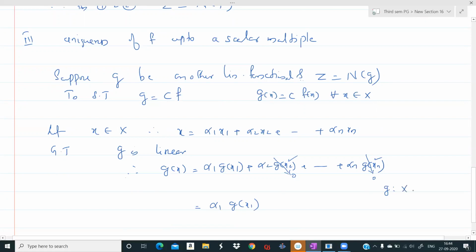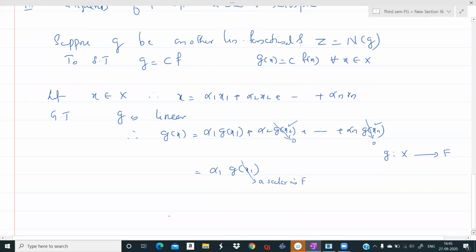G is a linear functional, so it is a function from X to F. Therefore, this gx1 is a scalar in capital F. And we call that C. So this is equal to C alpha 1, where C is equal to gx1 belongs to capital F.